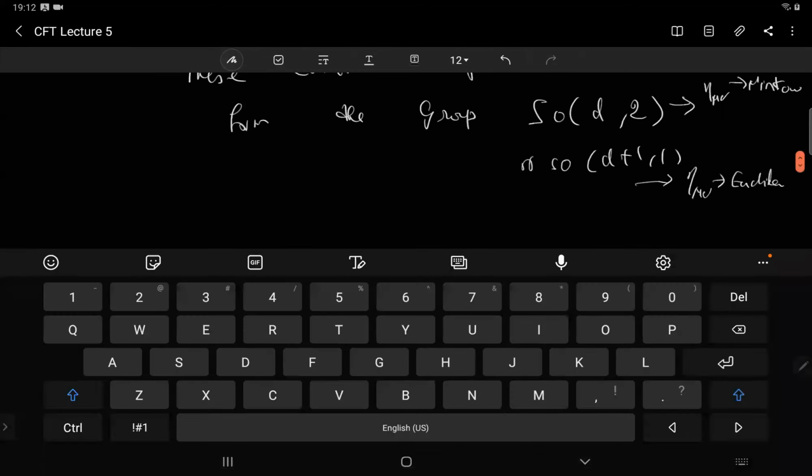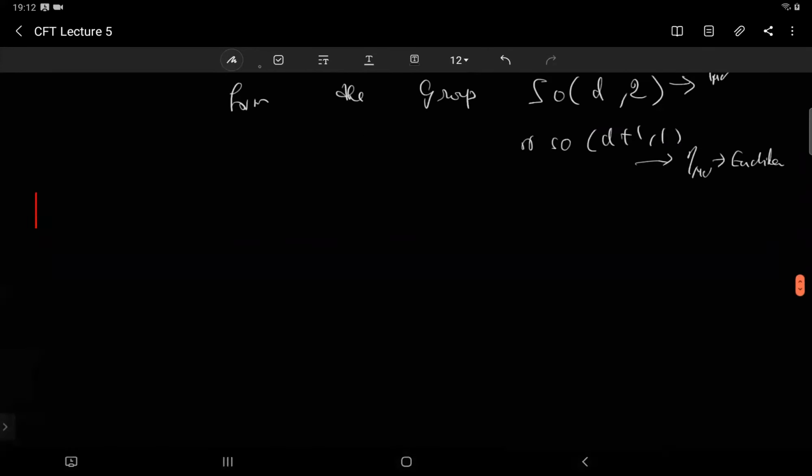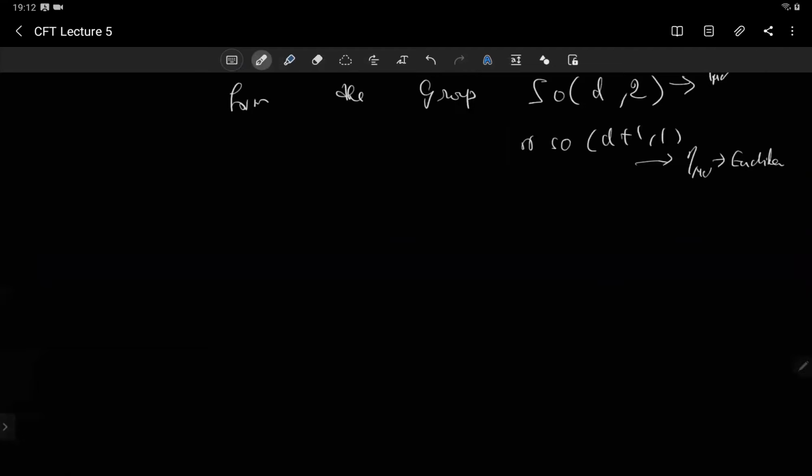Okay, so these are the things, and this we checked. The other thing we said was, and I should have said this earlier, that the transformations we had were of this type, that any conformal transformation is of this type.